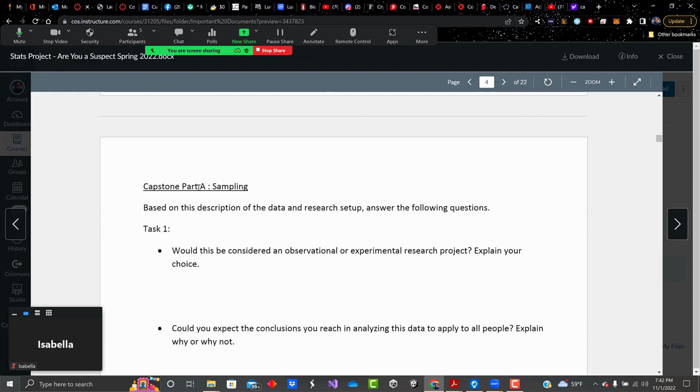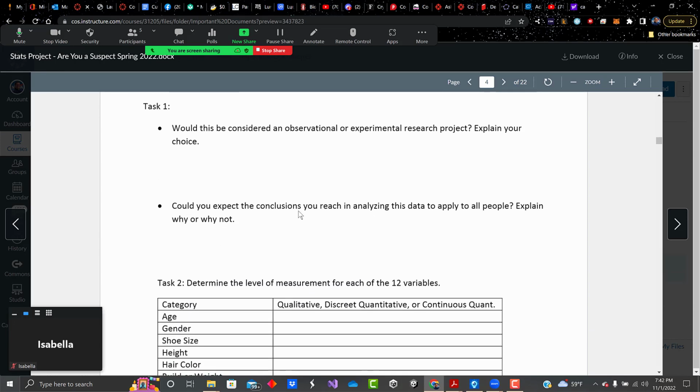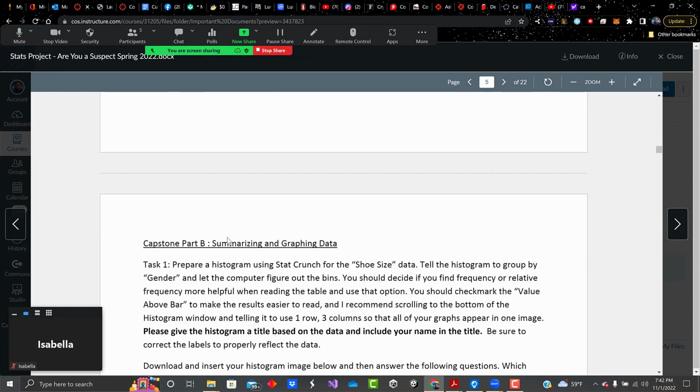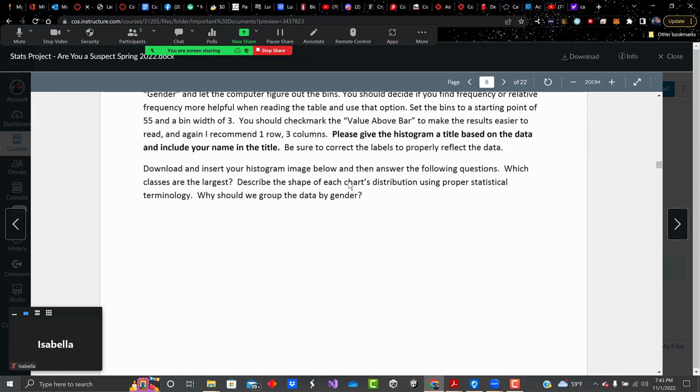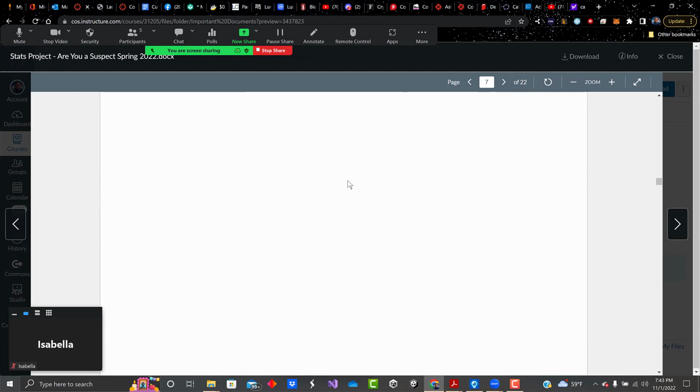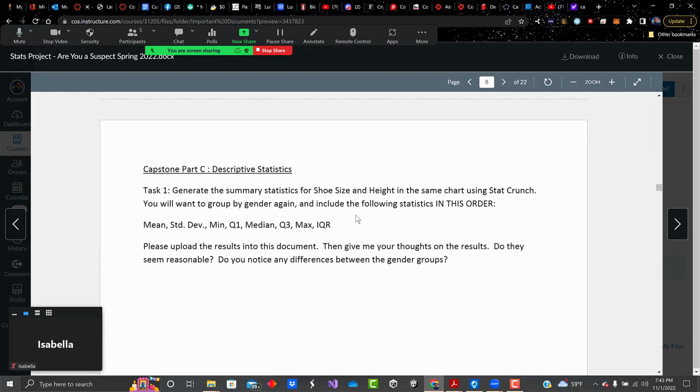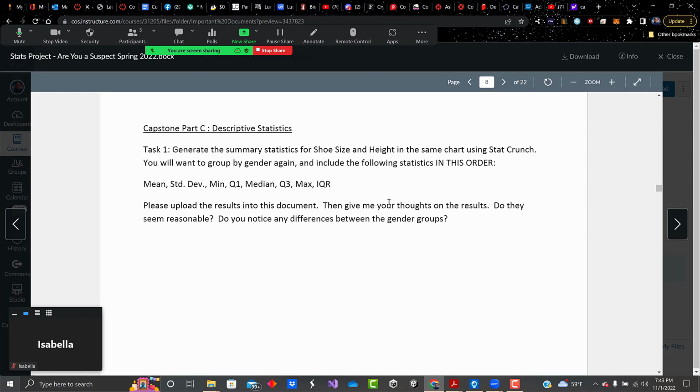And you'll see it's organized into parts. Part A is on sampling. This is like chapter 1's information. Summarizing and graphing data is chapter 2. Descriptive statistics, finding the mean, the standard deviation, the minimum, Q1, that's all chapter 3.